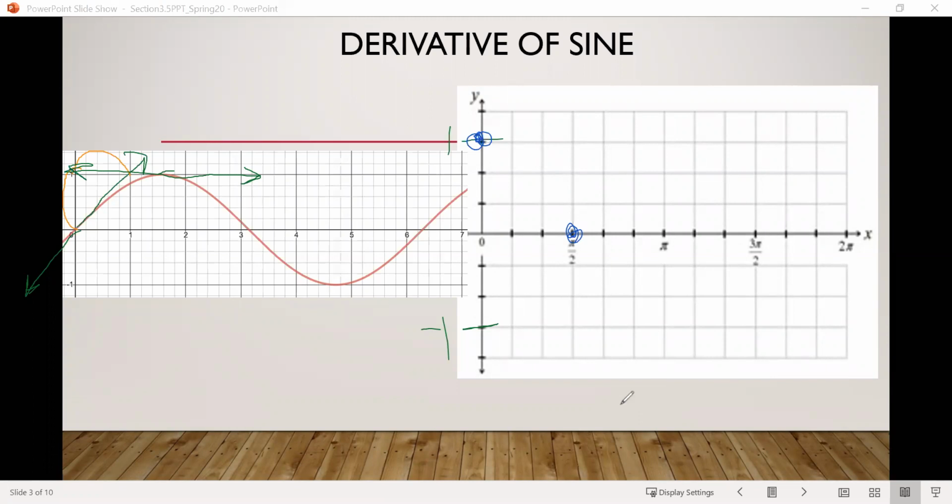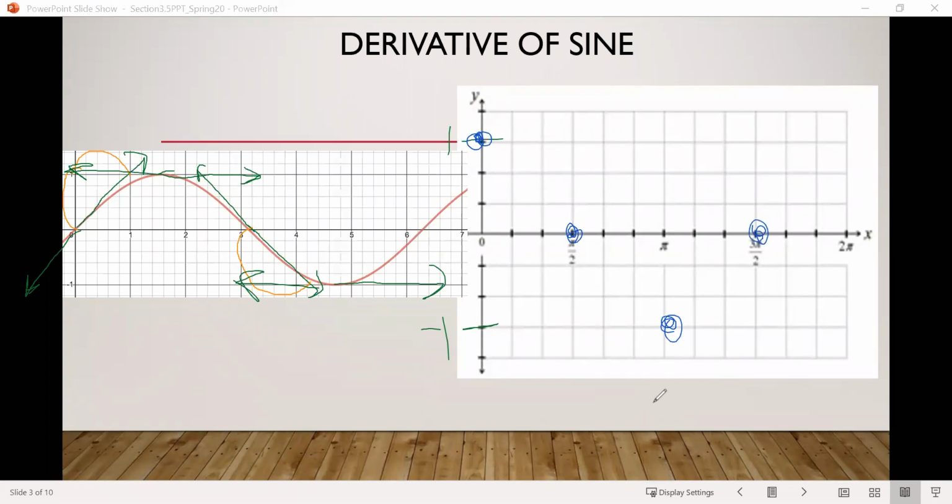Then we'll go to pi, and I'll do my best to draw my tangent line here, something like this. Notice now the tangent line is sloping down, so we know that the slope there is negative. If we estimate the slope, it looks like it goes down 1 and over about 1, so the slope there would be negative 1. Now at 3 pi over 2, that's again where we have another little valley, so it's another horizontal tangent line, and the slope there would be 0 again.